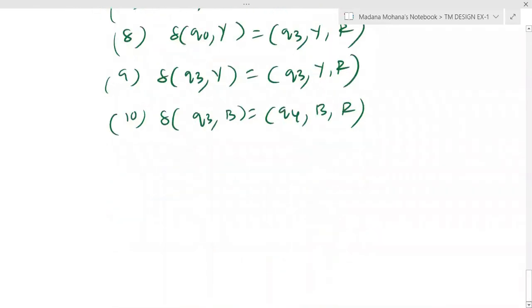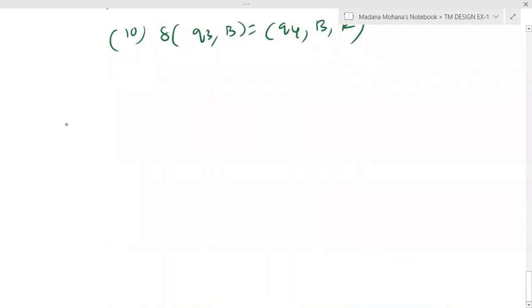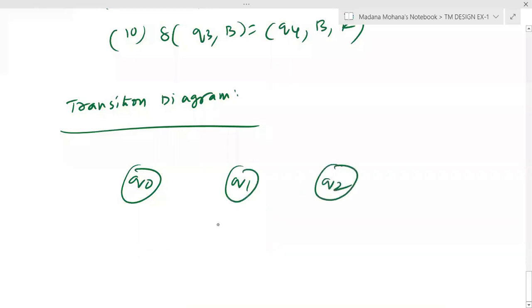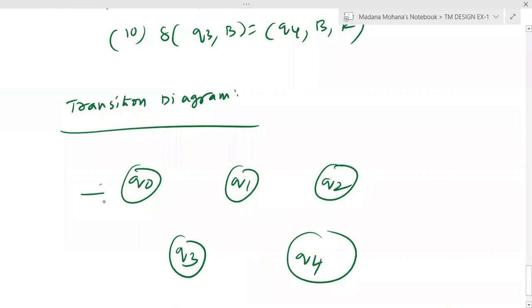Now draw its transition diagram and transition table. So here we have 5 states: Q0, Q1, Q2, Q3, Q4. All transitions you can write down.